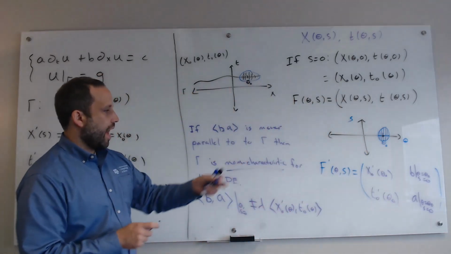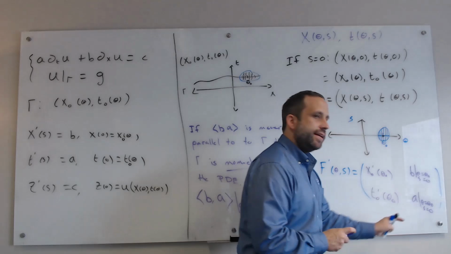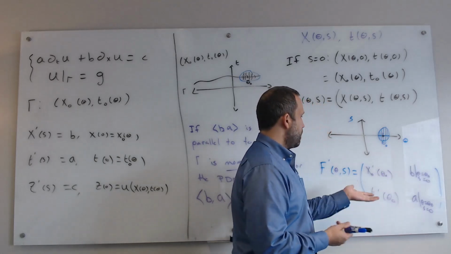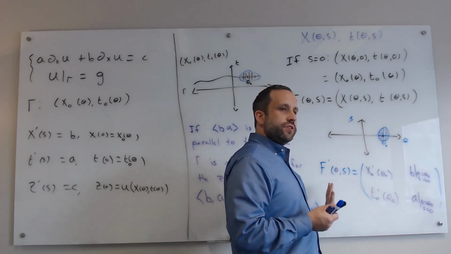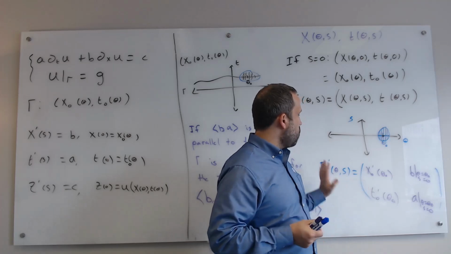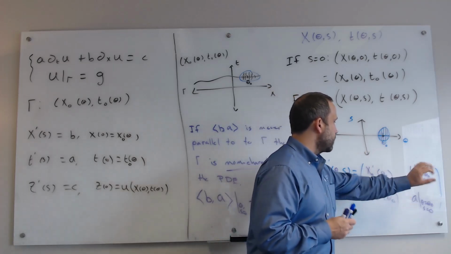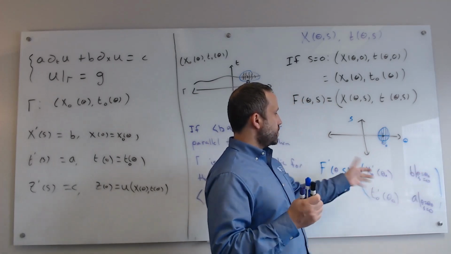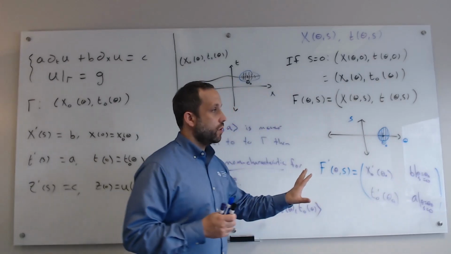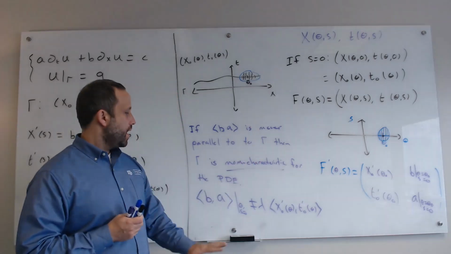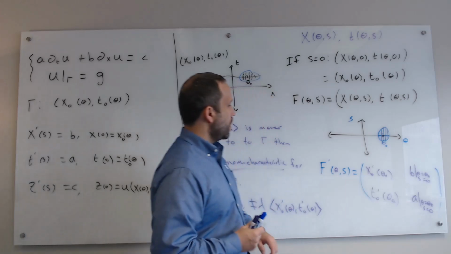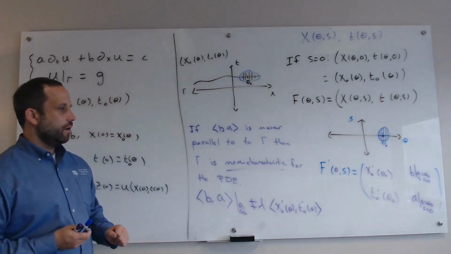Well, so this matrix is 1-to-1. What does it mean for this matrix to be 1-to-1? By whatever theorem you want to appeal to, it's 1-to-1 if and only if the columns are linearly independent. If you have two columns of a matrix, what does it mean for them to be linearly independent? It means they're not multiples of each other. So this matrix being 1-to-1 is equivalent to this condition here.